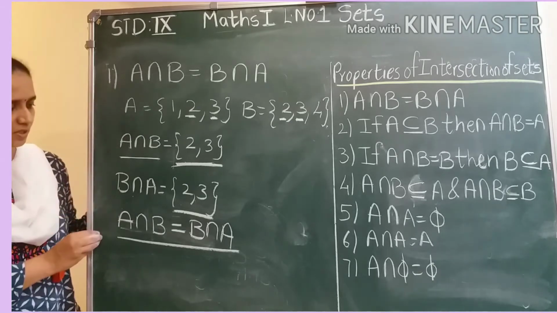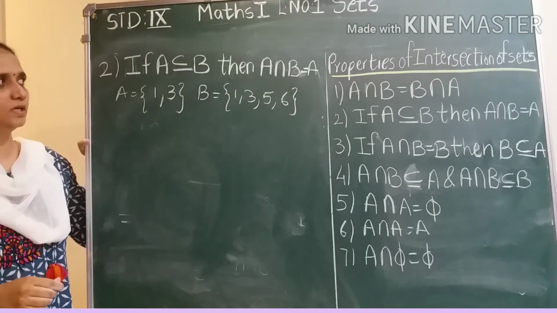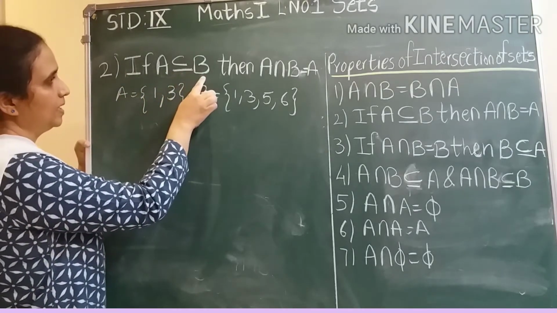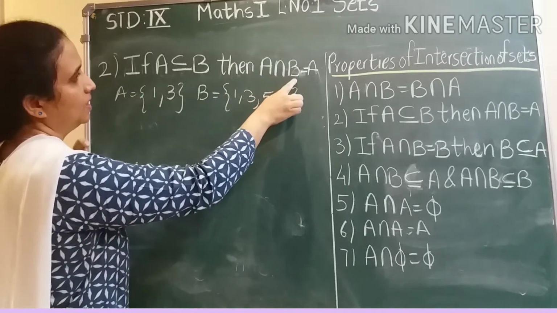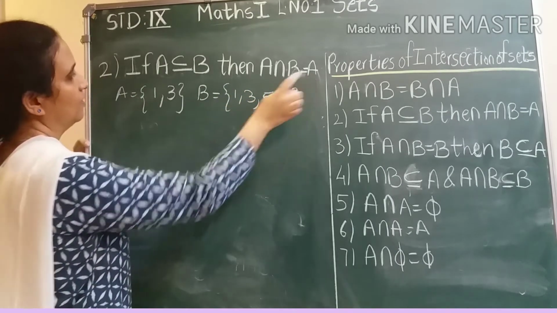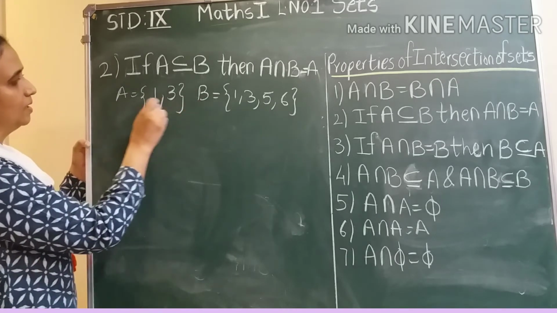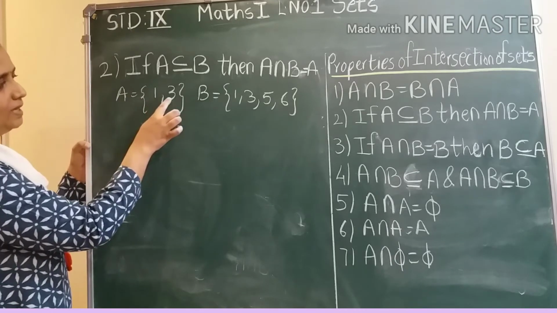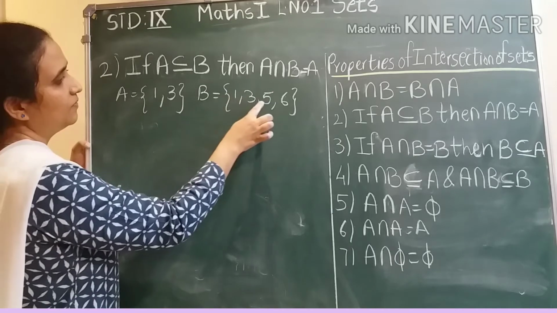Copy down this property. The second property is if A is a subset of B, then A intersection B is equal to A. We have two sets, set A and set B. A contains two elements 1 and 3, and B contains the elements 1, 3, 5 and 6.